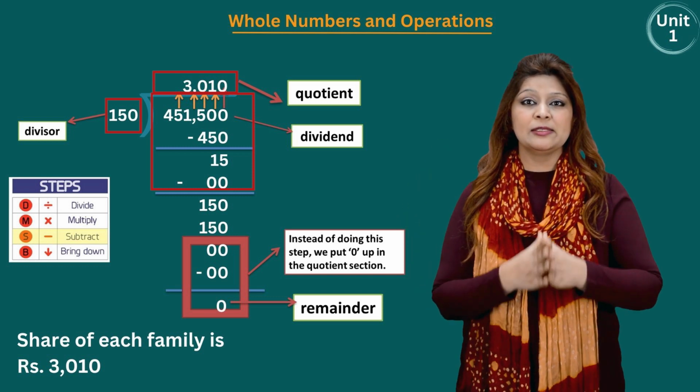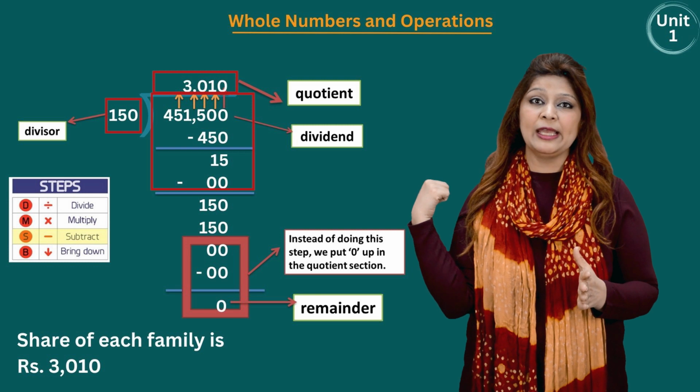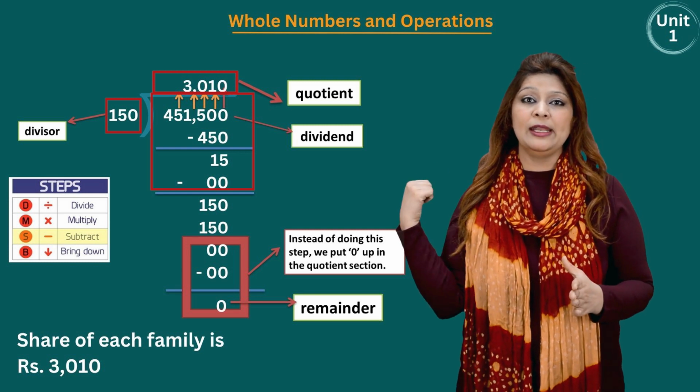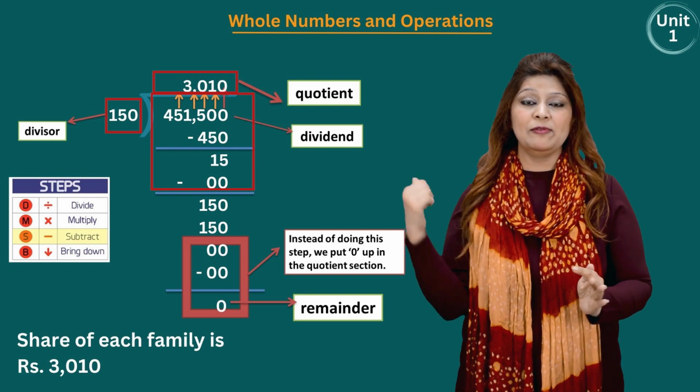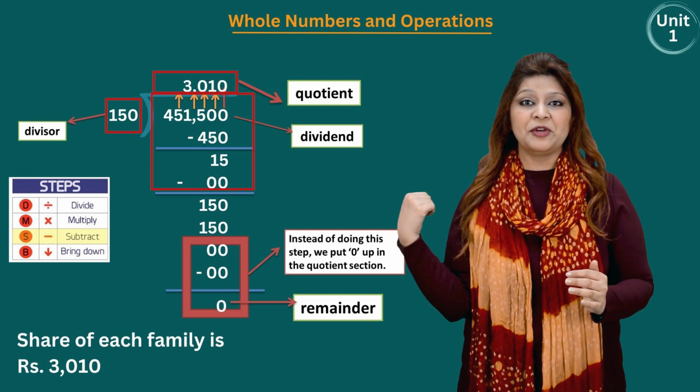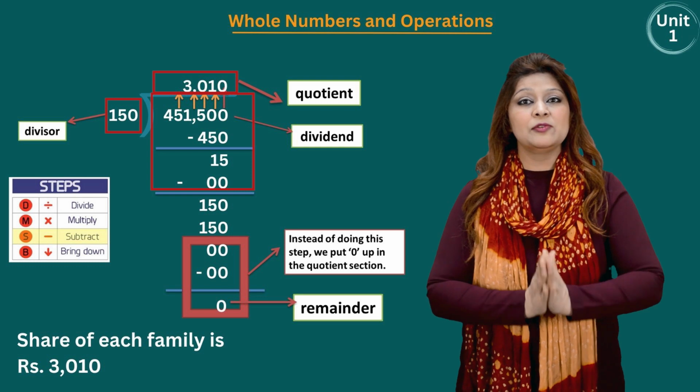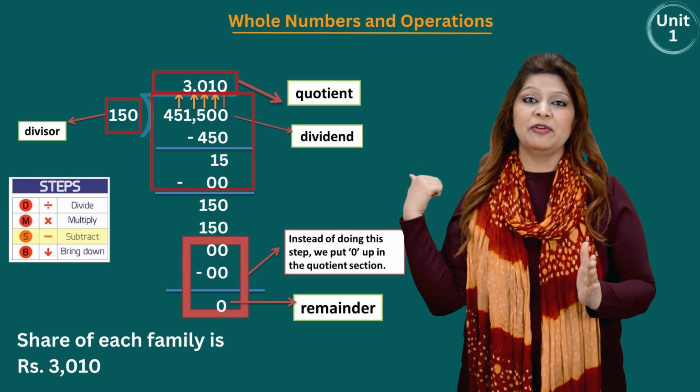Then I will write subtraction, which stands for S. So I will write minus over here, then draw a straight line, then do subtraction. 1 will be over here after subtracting, and then B stands for bring down. I will bring the number 5 down.